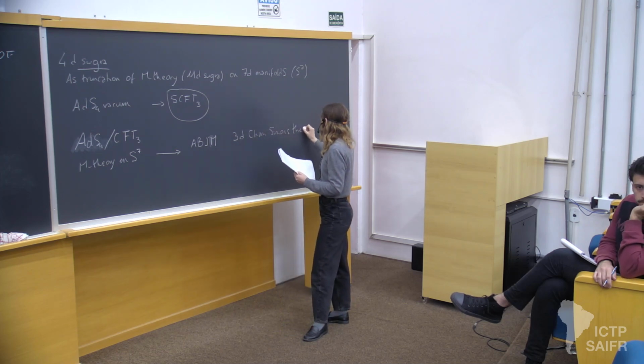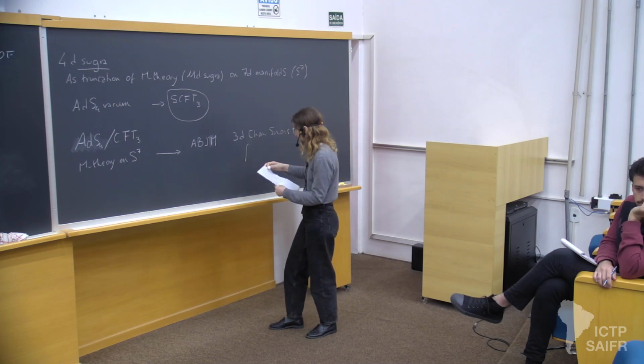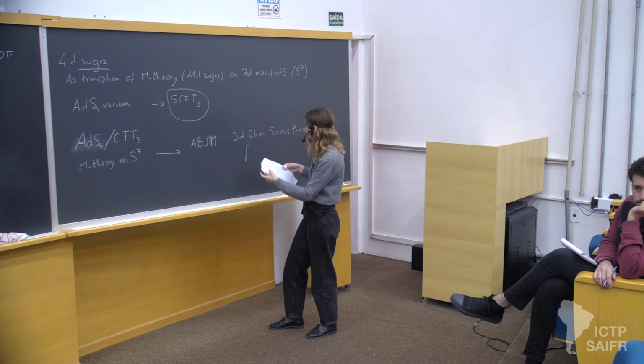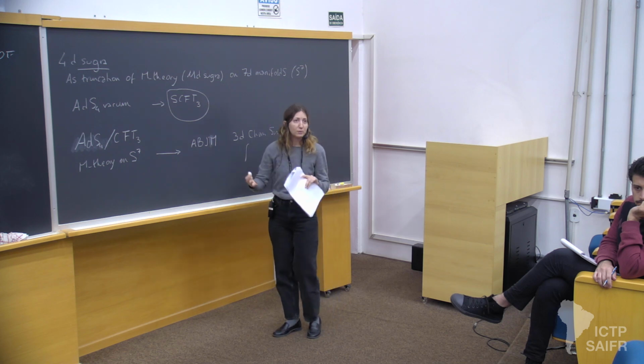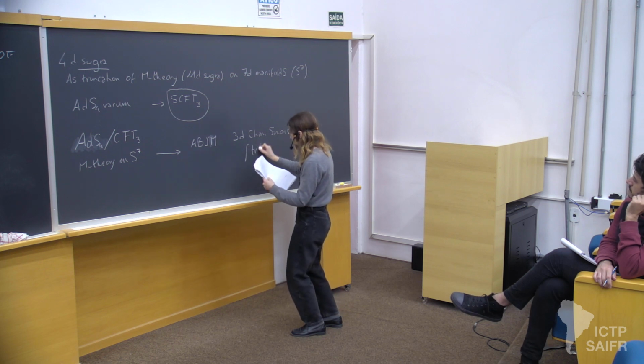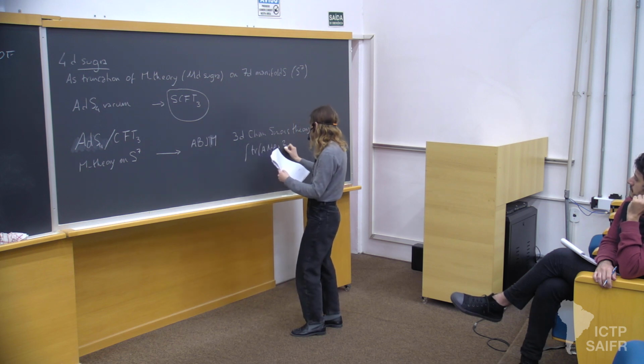I will not give you so much specification, but it's a theory which has a coupling of the form A wedge dA plus 2/3 A cubed. I'm always unsure of the coefficient, but basically this is made by 2 copies of a Chern-Simons theory.